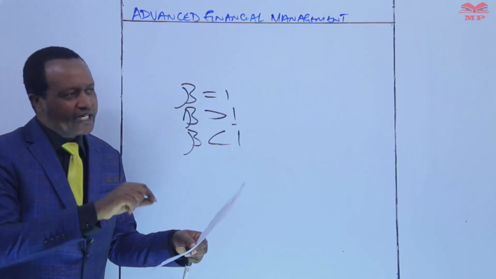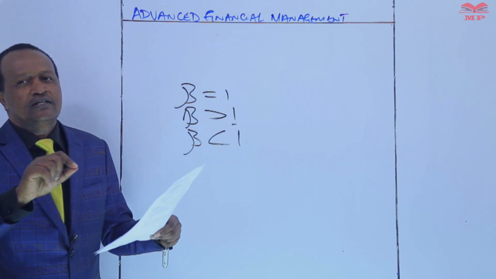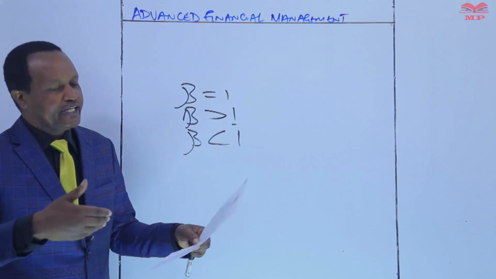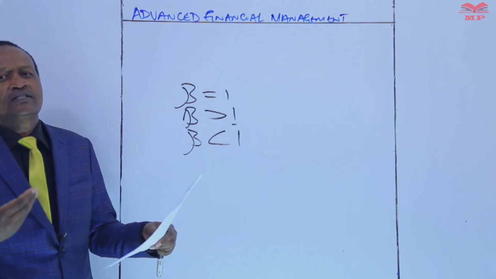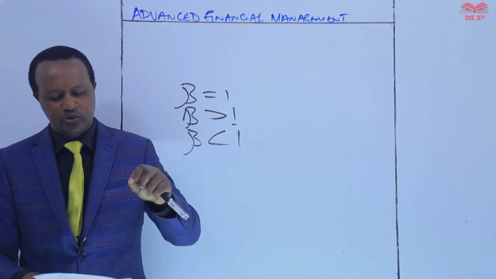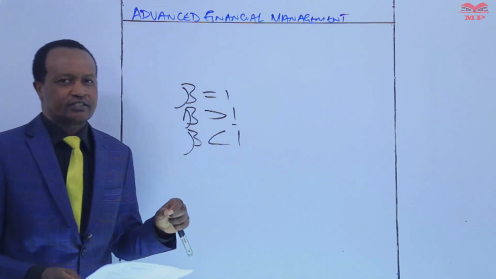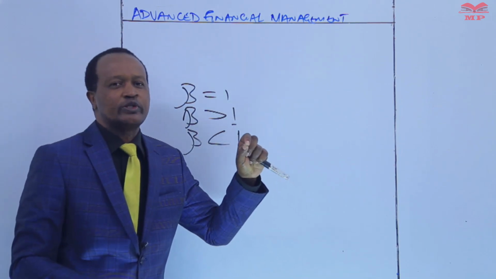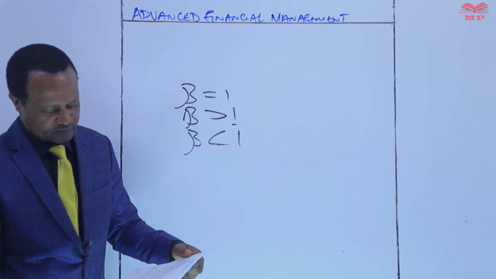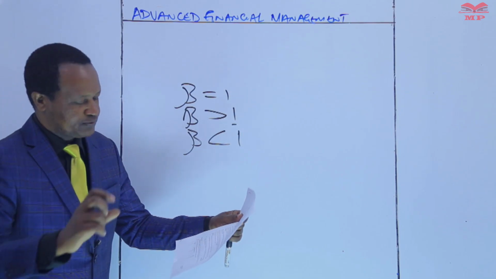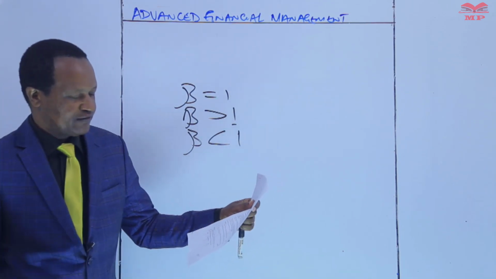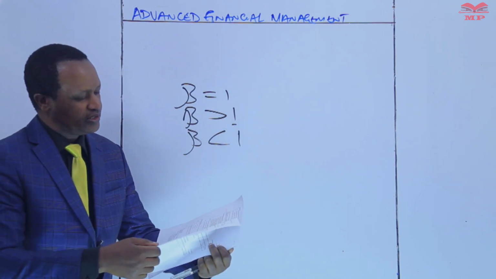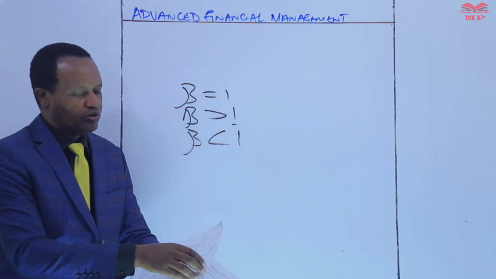Since both assets lie on the security market line, their expected returns are directly proportional to their betas. It is important for you to have that small knowledge of beta, because we have a column there for beta. Now let's work out the risk-free rate of return.